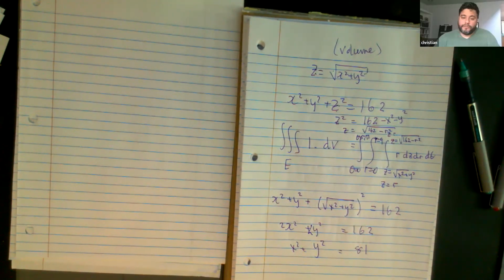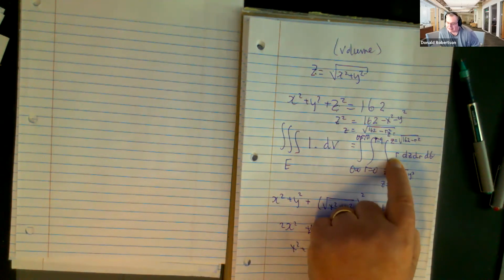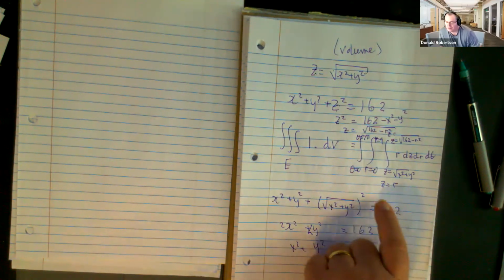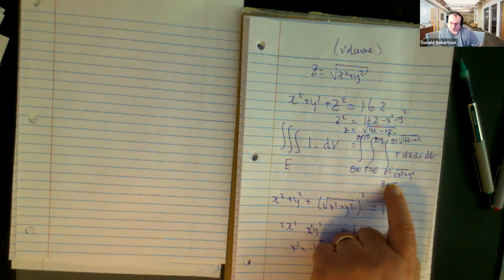Yes, you are going to end up with a u sub, u equals 162 minus r squared, but that's going to happen later. Because when you integrate that, aren't you going to get r z again? In this particular case, you're going to have an r times an ugly square root, take away an r squared.